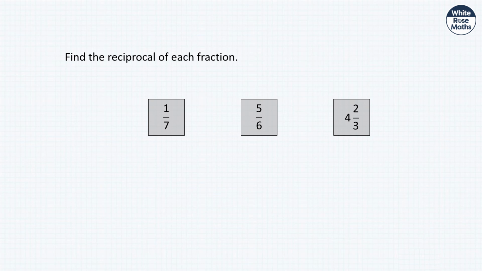Find the reciprocal of each fraction. Reciprocal just means inverting it. So 1/7 goes to 7/1, which is just the number 7. So the reciprocal of a 7th is 7. This next one, I flip it upside down, it'd be 6/5, or 1 1/5.